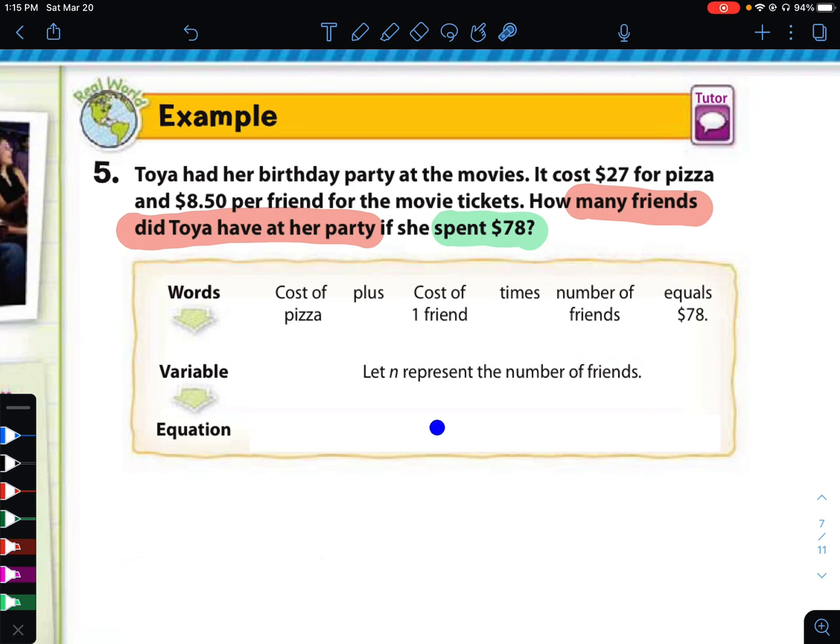It says here $8.50 per friend times the number of friends, which is equal to n, will equal $78. And that's exactly what we have: 27, the cost of the pizza, plus the cost of one friend times the number of friends, n, equals $78.